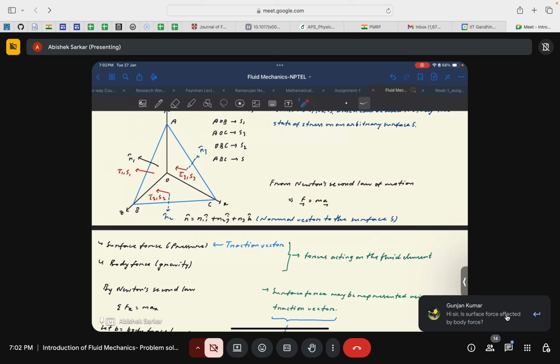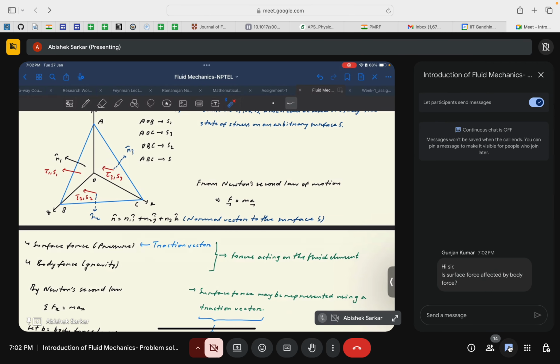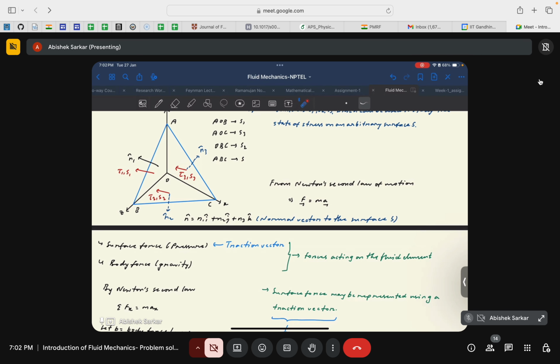Surface force affected by body force, no. Yeah, thanks Gunjan for the doubt. Let me try to answer it, though I don't know whether you will be able to grasp it.